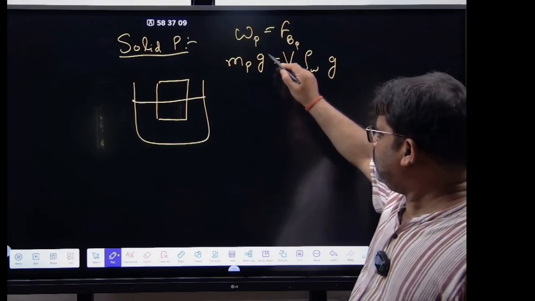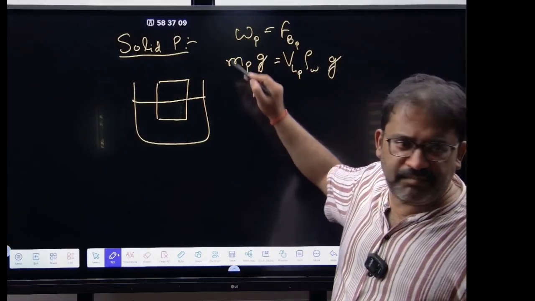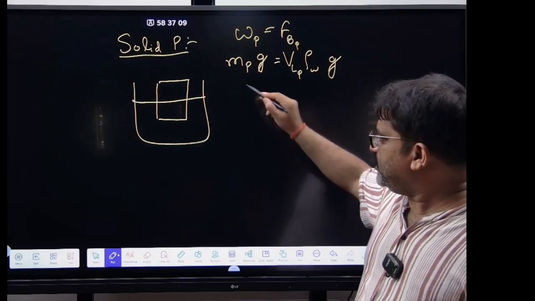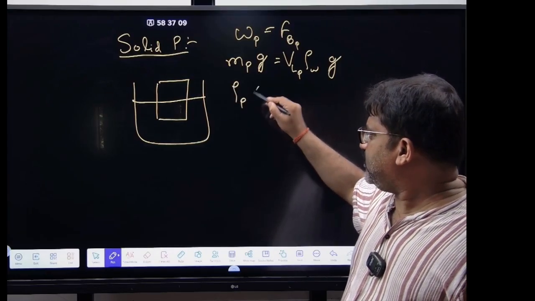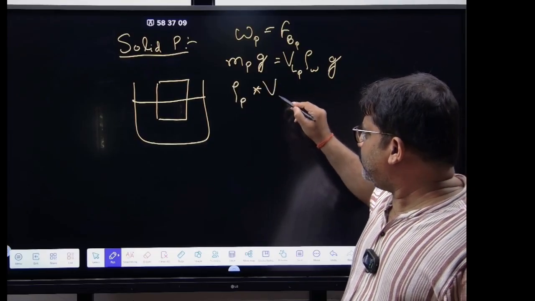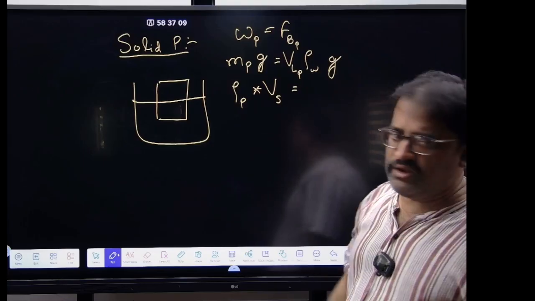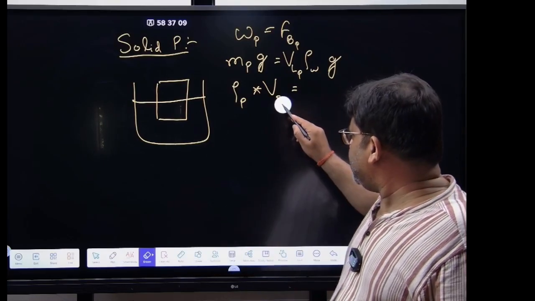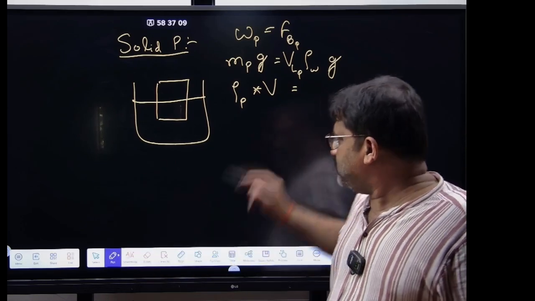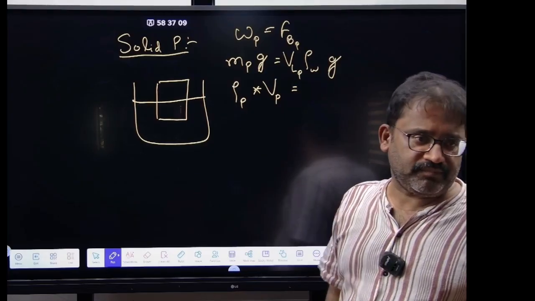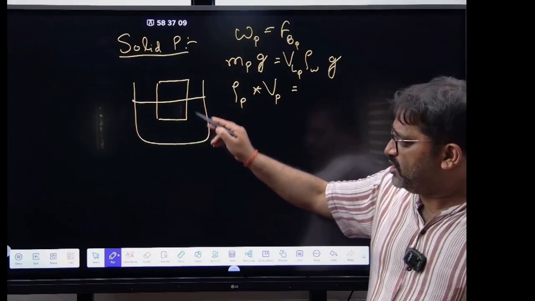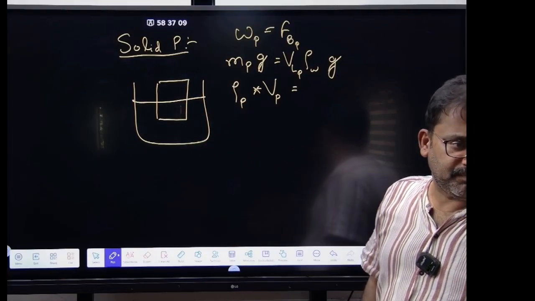G can be cancelled off. Now what is this MP? Mass of the solid is density of solid into volume of solid. Instead of writing Vs, I will write Vp, volume of solid P. That is equal to, what is the volume of the solid present inside the liquid?